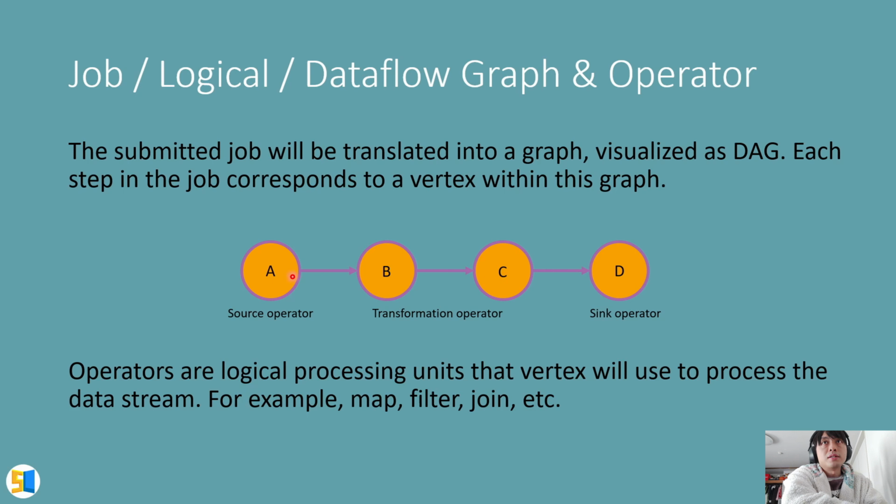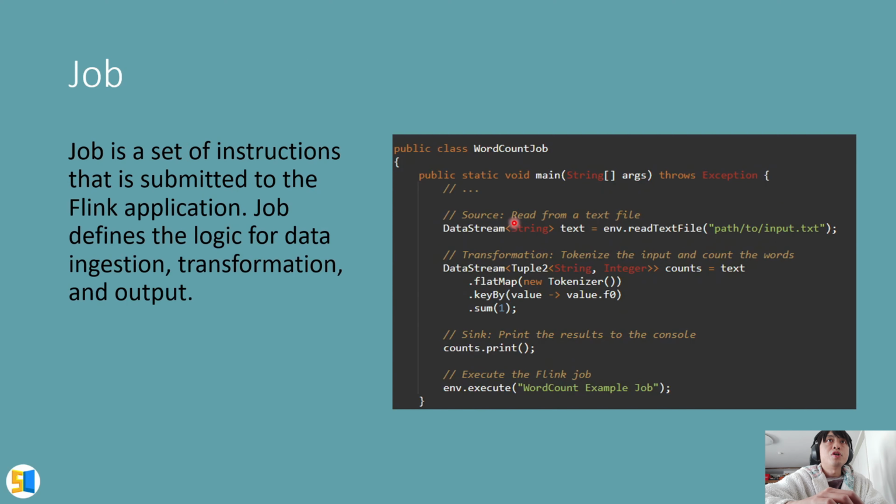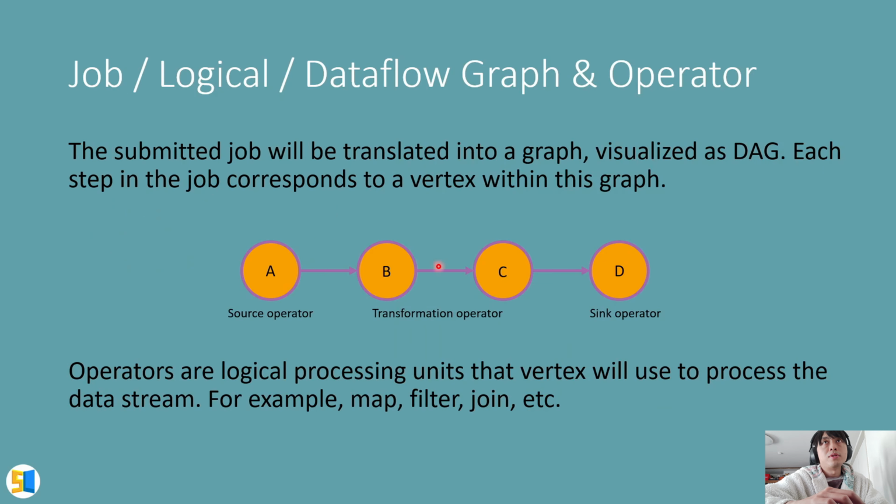This is the flow of the data. We start from the source and end at the sink. This is the input, this is the output, where each step in the job corresponds to a vertex in this graph.